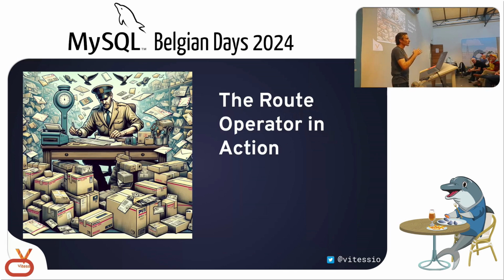So everything under the route will be turned back into SQL. So we start from SQL, go to AST, go to an operator tree, and then everything that we're able to push under the route, we can turn back into SQL, because that's what we're sending to MySQL at the end of the day. While pushing things under the route, it gets a chance to look at what we're passing through.